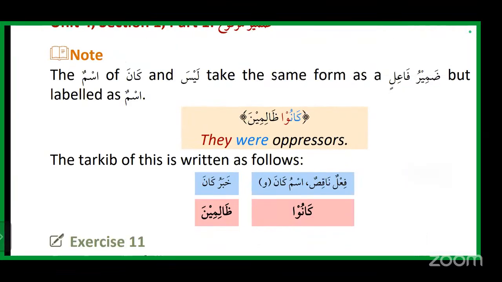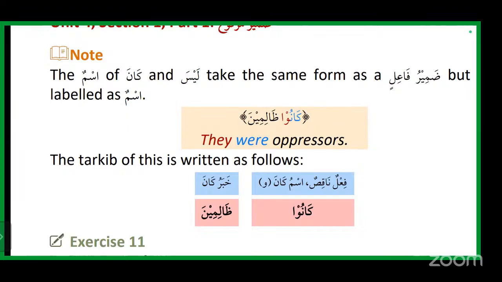They were oppressors. The tarkib of this is written like this: kanu is the verb and the ismu kana together, which is wow. When we say kanu, then ismu kana becomes wow. And the khabar kana becomes zalimina.